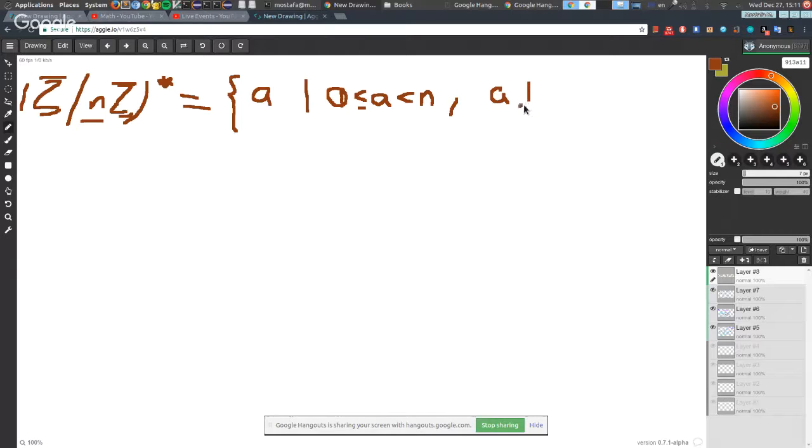Here, as we said, this means co-prime, so they have a GCD of 1. This is the definition, and here the operator that we have is the multiplication mod n.